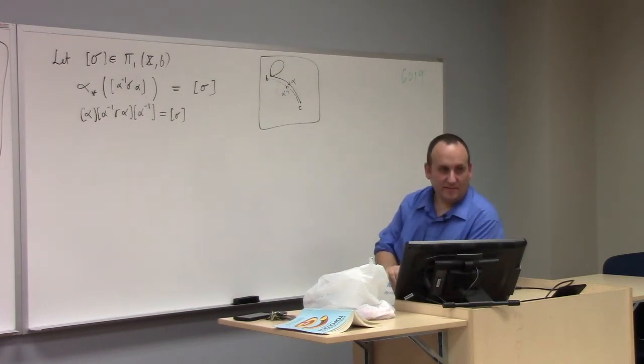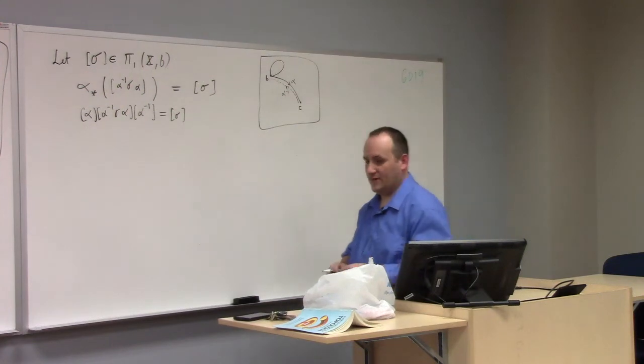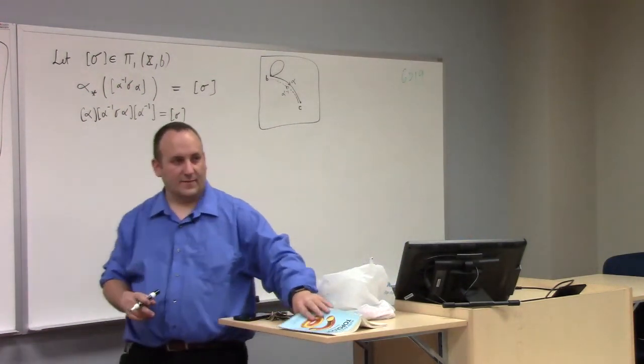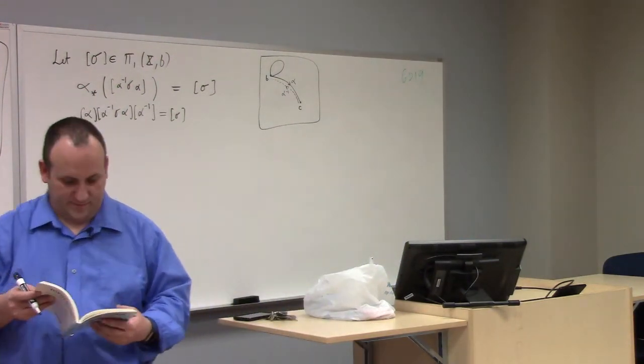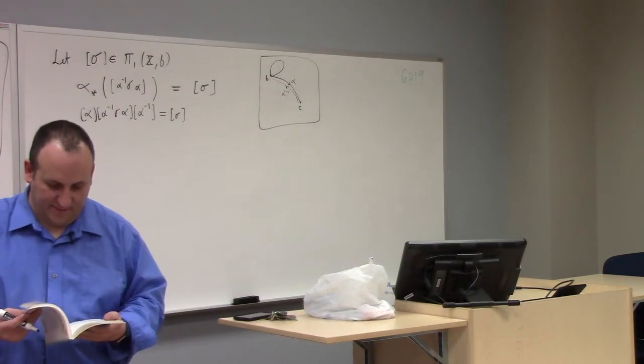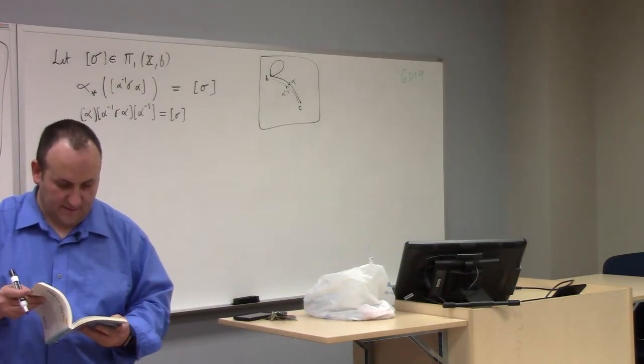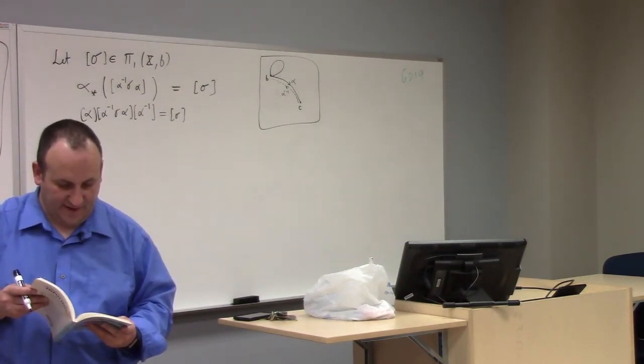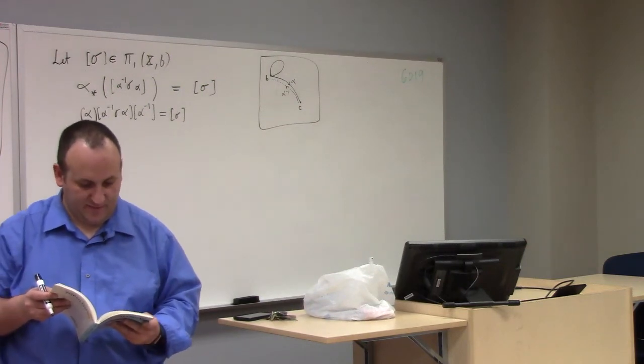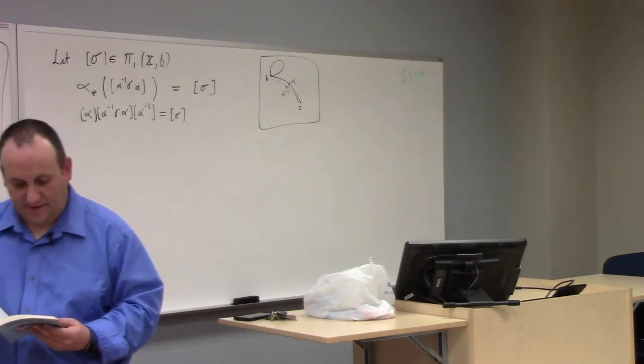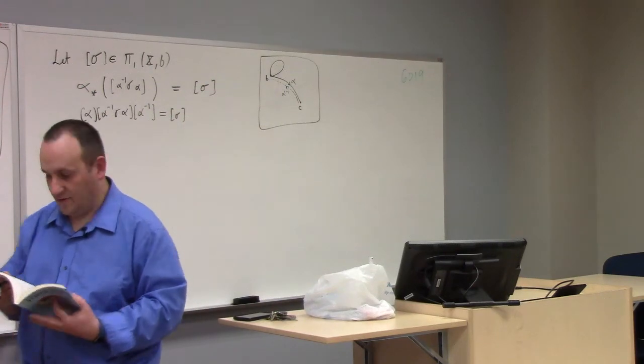Are we okay? What is the point of all this? The point of all this is if your space is path connected, then what? If the space is path connected, then the various groups pi 1 of X, B for B in X are all isomorphic, and thus the isomorphism type of pi 1 of X, B is well defined, and we just call it the fundamental group.